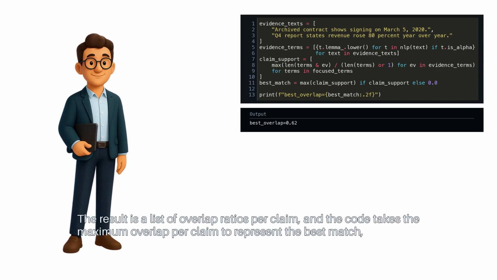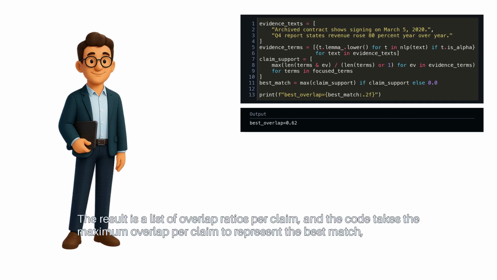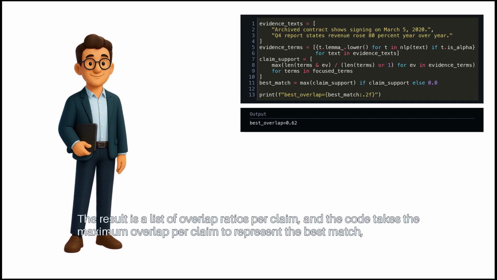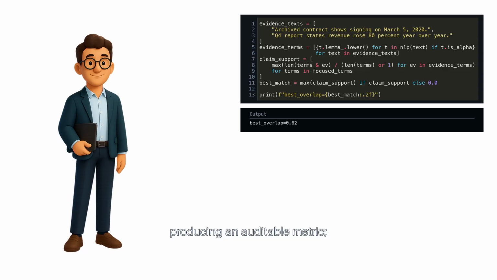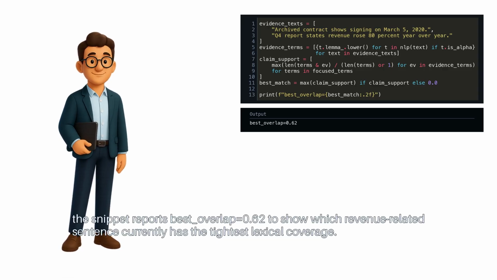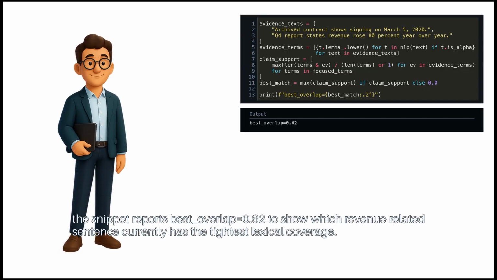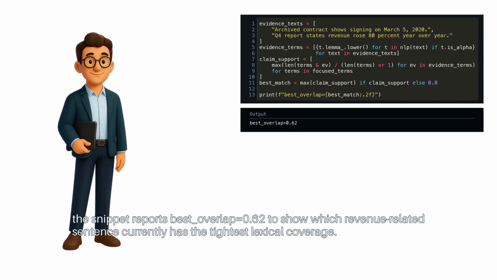The result is a list of overlap ratios per claim, and the code takes the maximum overlap per claim to represent the best match, producing an auditable metric. The snippet reports best overlap equals 0.62 to show which revenue-related sentence currently has the tightest lexical coverage.